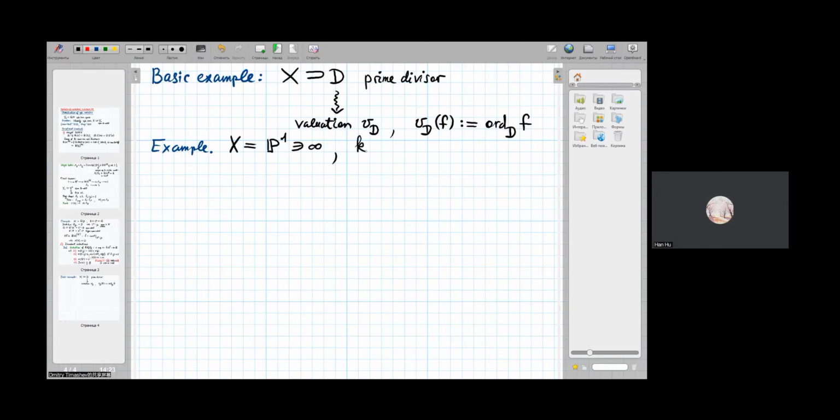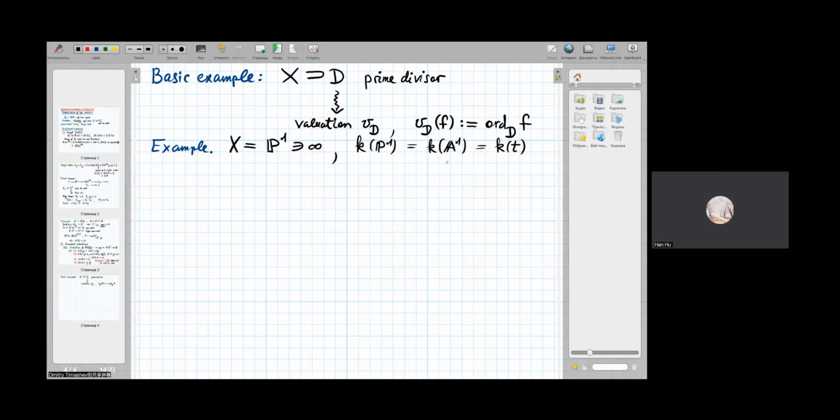Consider the function field k of P1, which is the same as the function field of the affine line, P1 without the infinity point. It is a field of rational functions in one variable, say t. So t is the affine coordinate on this affine line.